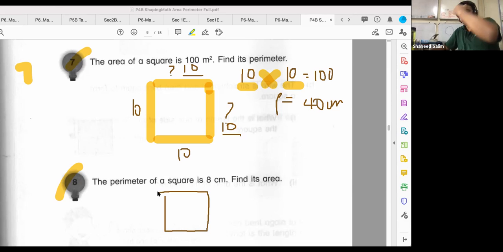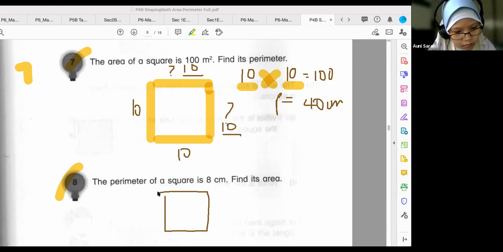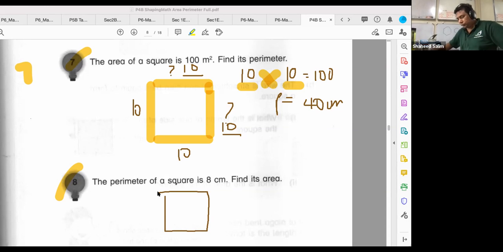You must find one part. Come on. Okay, 1 minute left. 1 minute left.